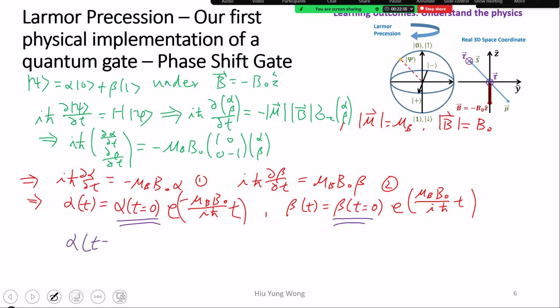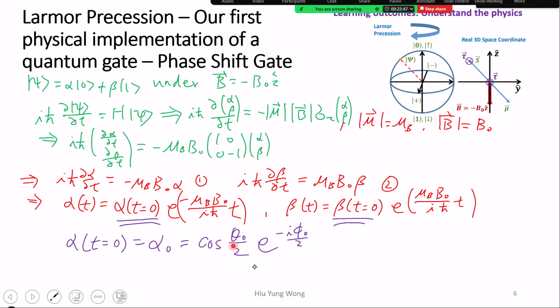So here I want to ask, what is alpha at t equal to 0? Alpha at t equal to 0, I can call it alpha 0. What does it mean? It means the value of alpha at time equal to 0, right? I can call it anything, but if you remember, it is equal to cosine theta 0 over 2, since I say that it is the initial angle, times e to the power negative i phi 0 over 2.